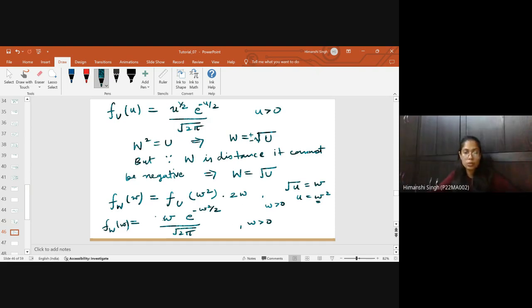Yes, sorry, into 2W. One of the W's comes from here, and 2W we also have, so it will be 2W square e to the power minus W square by 2 divided by under root 2 pi. So this will be the density of W.